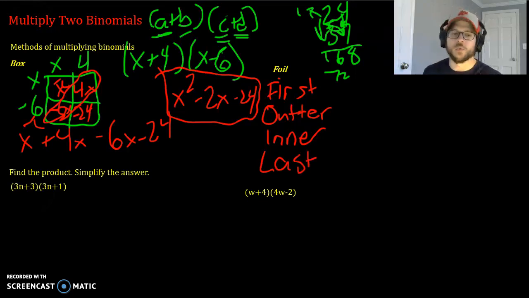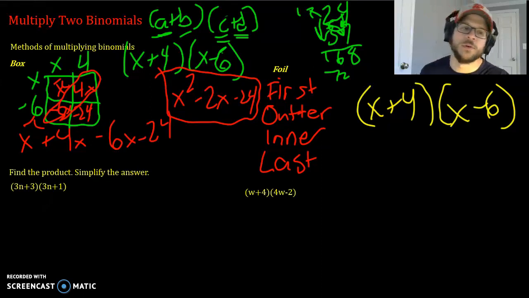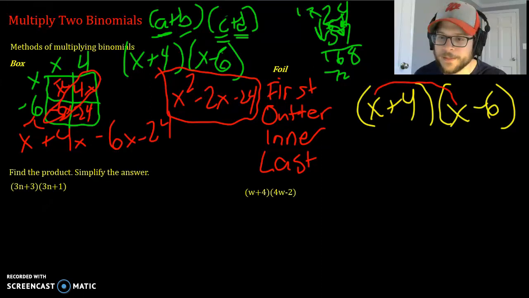So that just tells you which things to multiply in which order. So if we're going to multiply our x plus 4 times our same x minus 6 that we used in the previous problem, first would be x times x, because these are the first two terms in each of our binomials, and x times x is x squared.